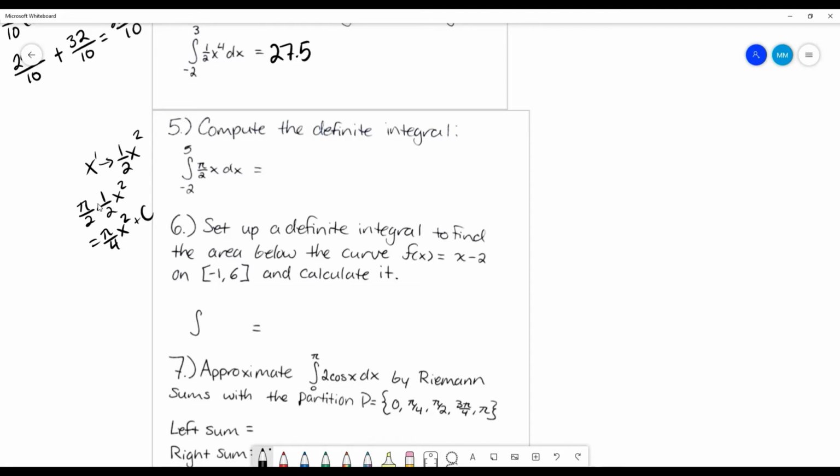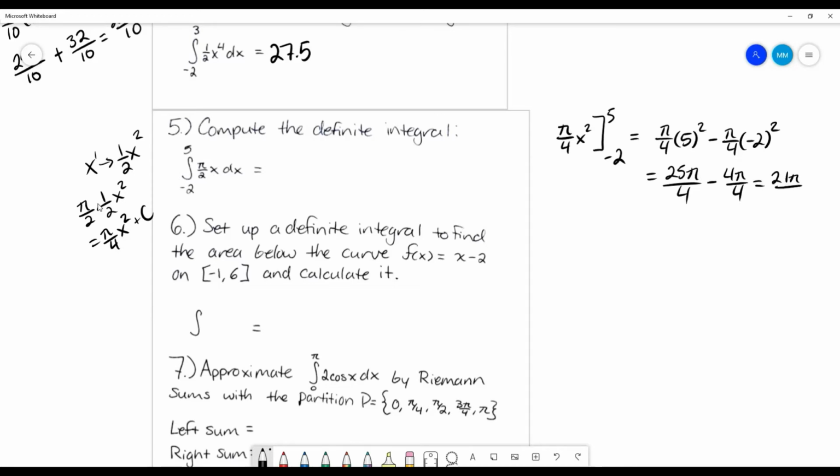And now we evaluate it. So it's going to be pi over 4 times 5 squared minus pi over 4 times -2 squared, which is going to be 25 pi over 4 minus 4 pi over 4, which is, well, I could just write 21 pi over 4, and that is our answer there.